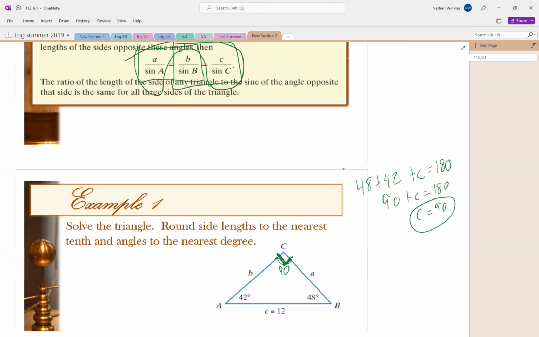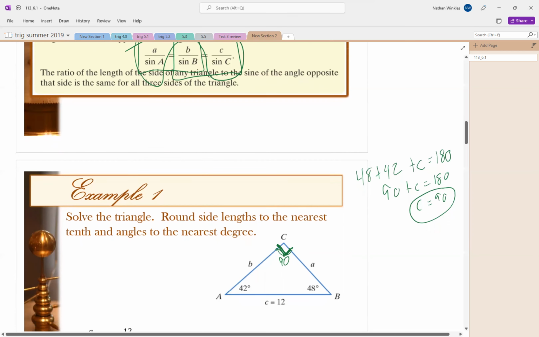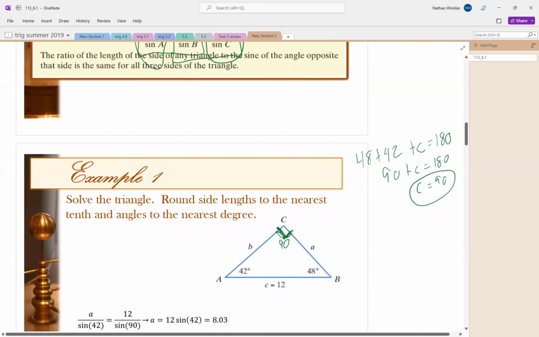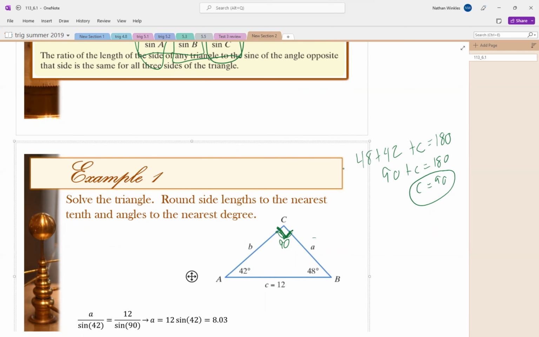So the first thing we're going to do is side a over sine of 42 is equal to 12 over sine of 90. And we know that the sine of 90 is 1.